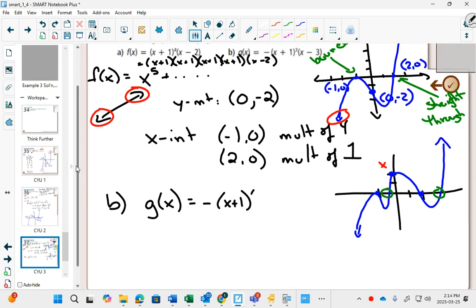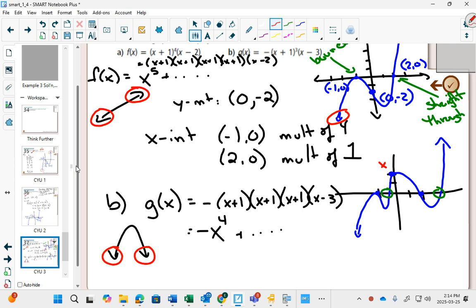You don't have to do this, but if you wrote it all out like that, and you expanded this, you see you have 1, 2, 3, 4 x's as your first terms. That would give you an x to the 4, but you also have a negative out in front. That would still be a negative out in front, because this negative out in front is like a -1. So I know the end behavior is going to act like a parabola, and open down.